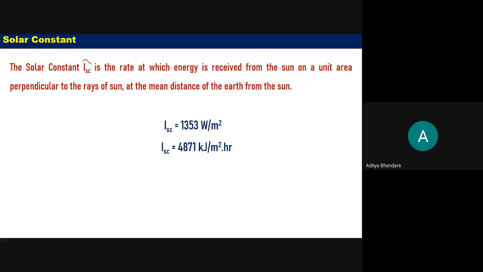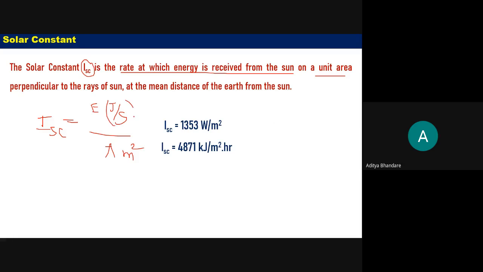So the solar constant is denoted with ISC. It is defined as the rate at which the energy is received from the sun. Energy is calculated in joule, and rate is per second, so that is joule per second. This is energy received from the sun on a unit area, and area is in meter square.